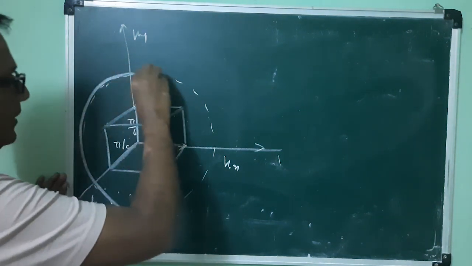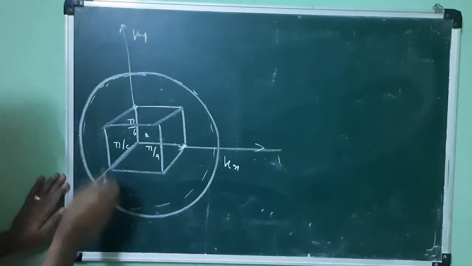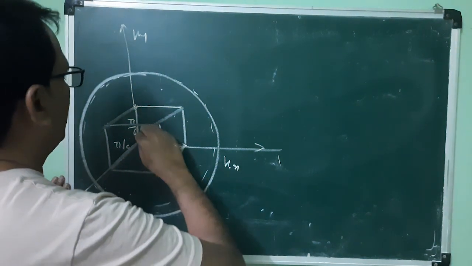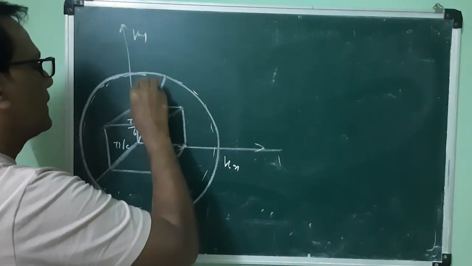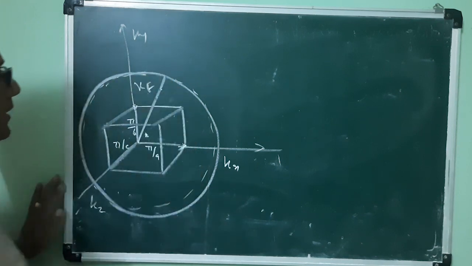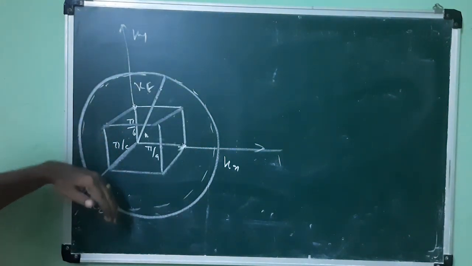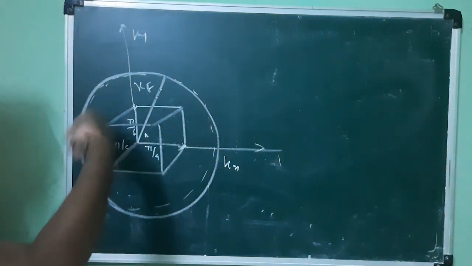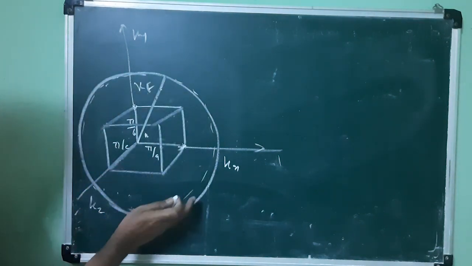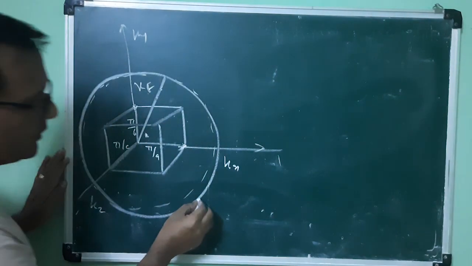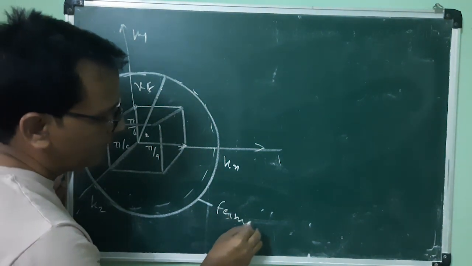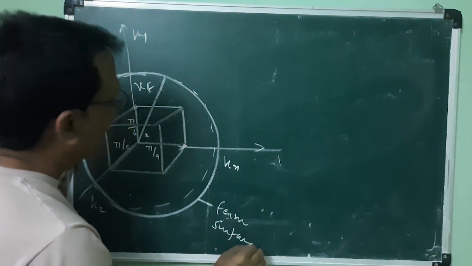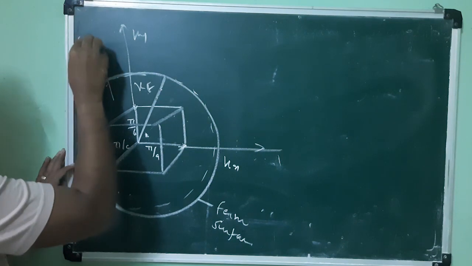Let us have this Fermi sphere. So the size of this radius is kf, and the probability of the existence of that particular electron is up to this highest surface. This is known as the Fermi surface, and this is the Fermi sphere.